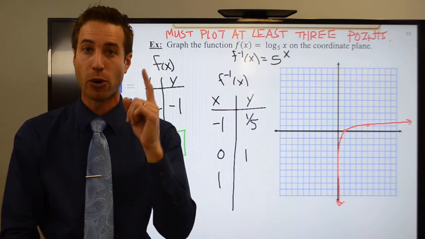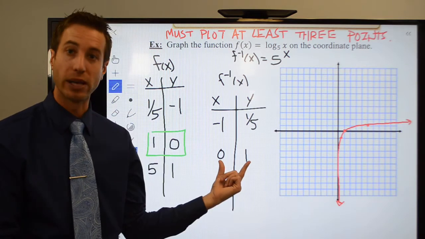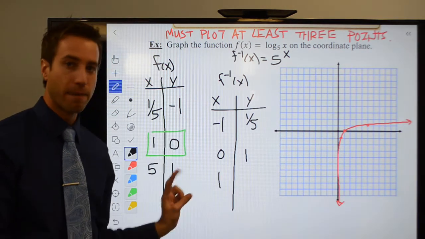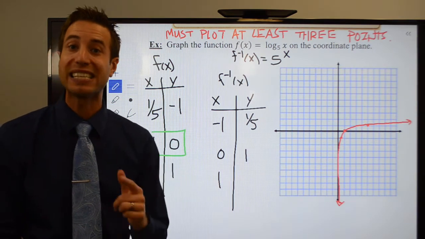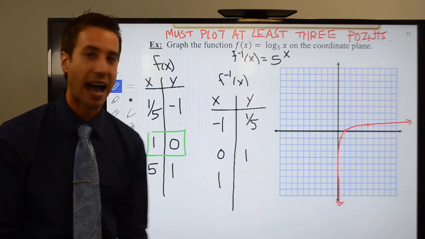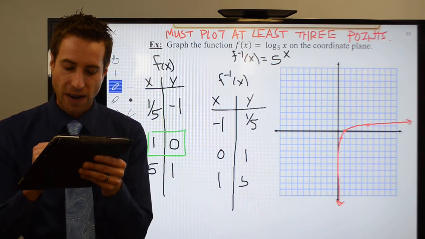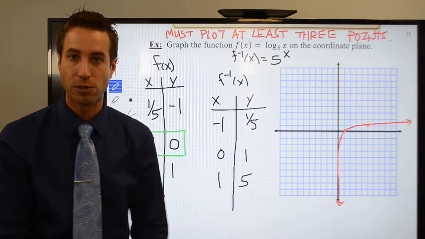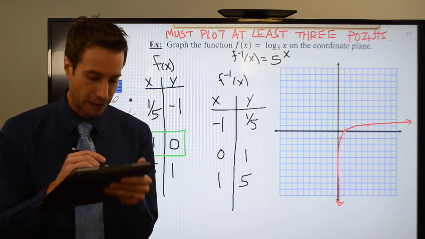Anything raised to the 0 power is 1, and I get the point 0, 1. Keep going. I've got 5, 1. X and y values switch places for inverse functions. I'll have the point 1, 5. Again, if you don't believe me, plug a 1 in there. 5 raised to the first power is, of course, 5.